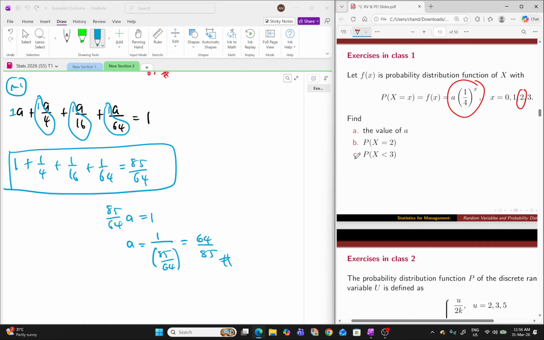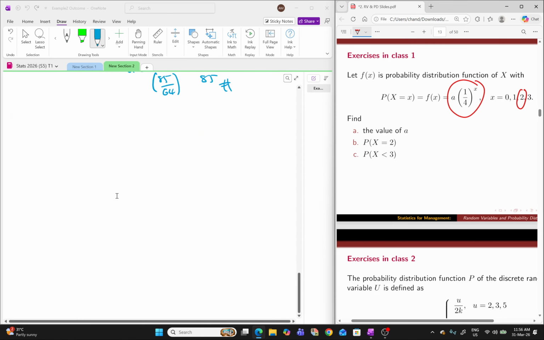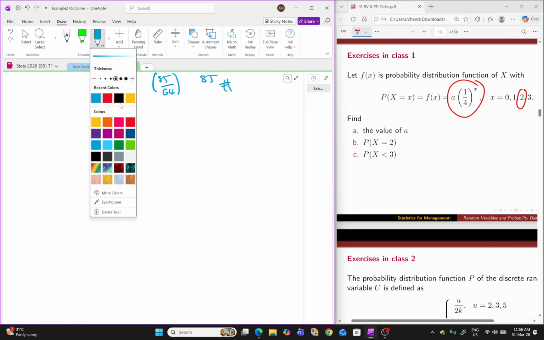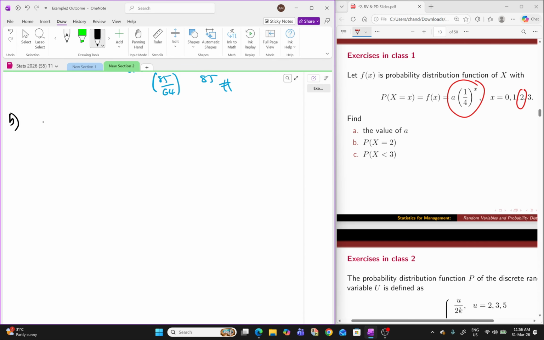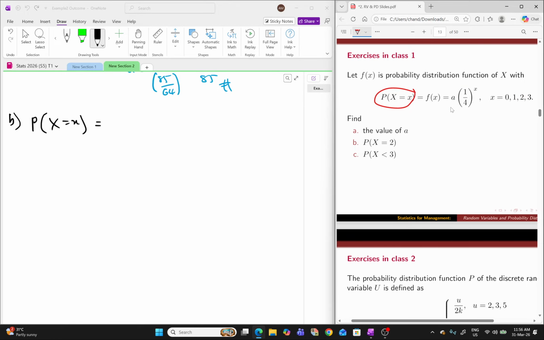Okay, B now. We have to find the probability of x equal to 2. But before that, let us write this. Now P(x) is equal to, I'm using this notation. A we already found, isn't it?